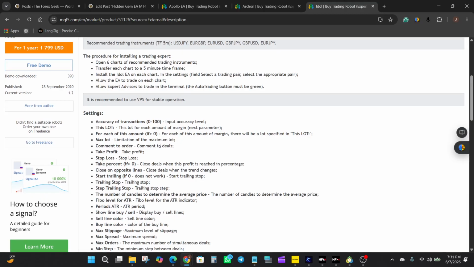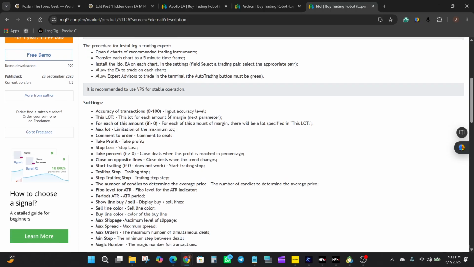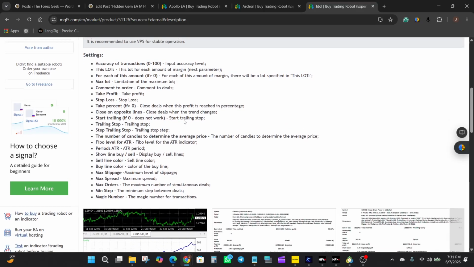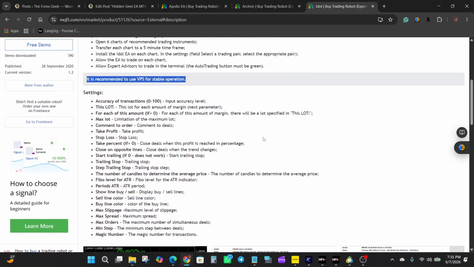Multiple charts are used at the same time, each representing a different currency pair, with the EA applied individually to each chart. So this is clearly designed as a multi-pair trading setup rather than a single chart approach. Before moving into backtesting, it's also recommended to run it on a VPS for stable execution, which makes sense given the multi-chart setup and short time frame focus.